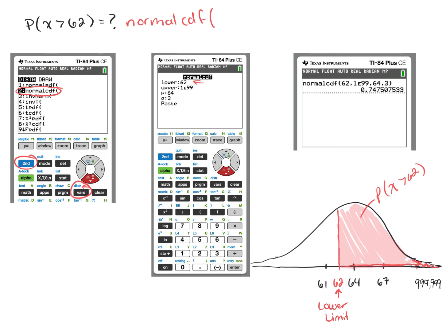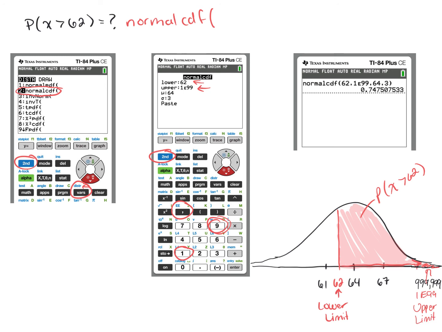On your calculator, you can type in a very large number by typing in 1E99. So let me show you how you can type that into your calculator. You're going to press 1, and then to get that E button, you're going to press second and then the comma sign. Right above the comma sign, you'll see EE, double E. It's going to show up as just E, and then you're going to type in 99. Okay, so that tells me that my upper limit is 1E99. That's going to be your upper limit.